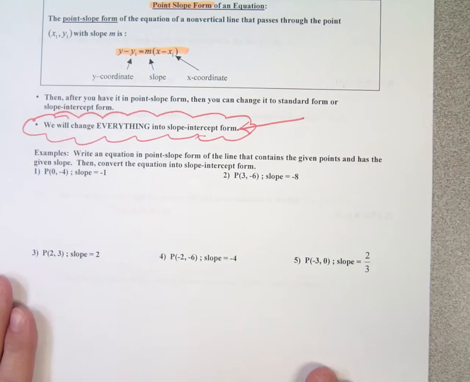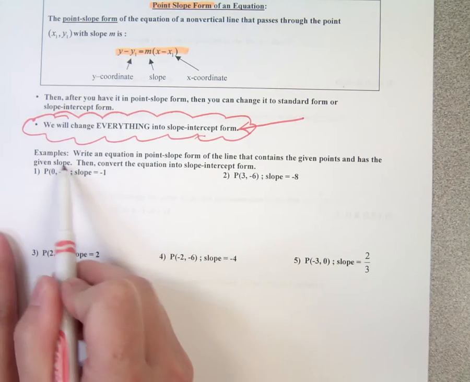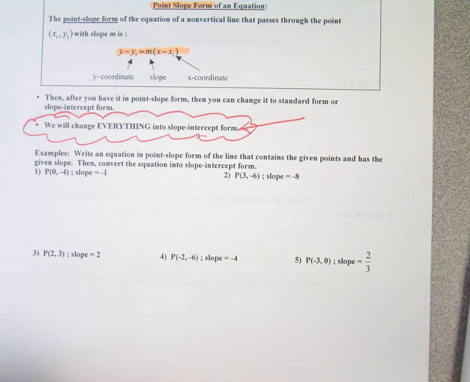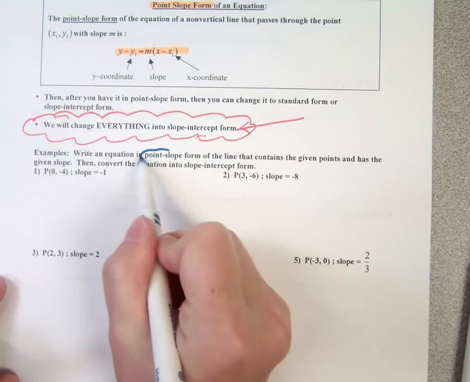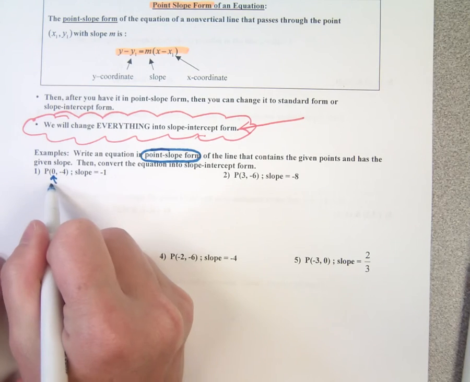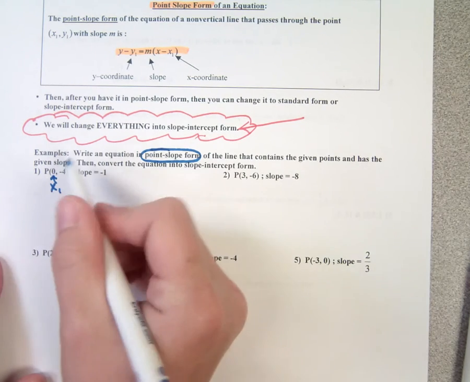So let's just try some. All right, remember I told you if you ever see a point and a slope, then we're going to use point slope form, just like the title suggests. So whenever I have a point and a slope, it's going to go straight into point slope form. This is the x-coordinate, so it will go into the x1.